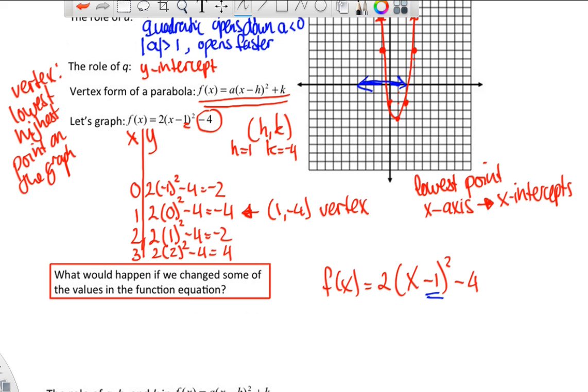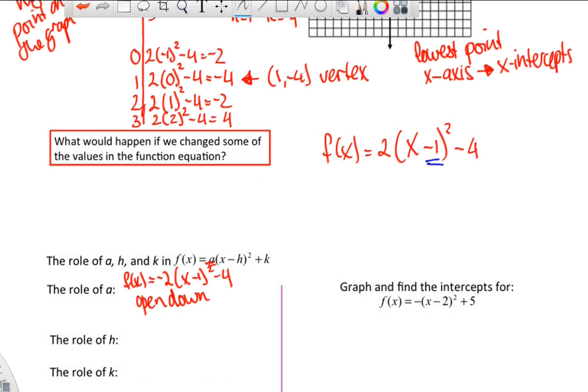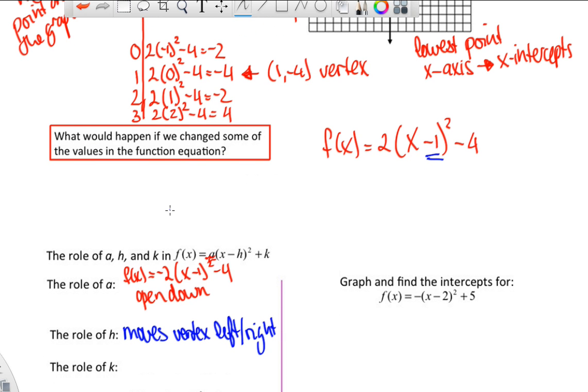So h will move it left or right. So the role of h is it moves the vertex either left or right.